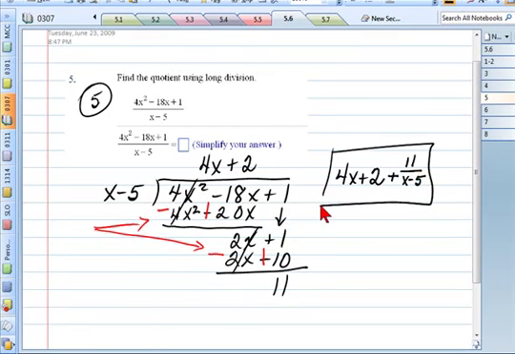And that's what your answer should look like. You'll have to use your fraction tool out of the tool palette. If you checked it, you would use FOIL to multiply x minus 5 times 4x plus 2, and then you would add 11 to it, if you wanted to check it.